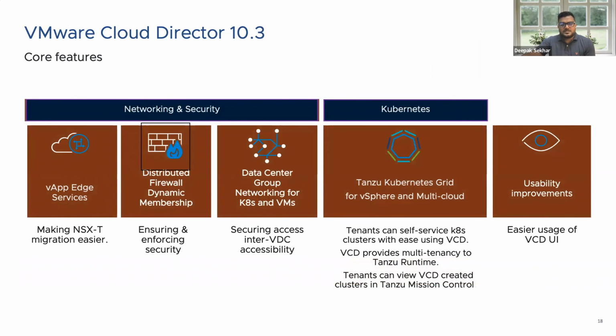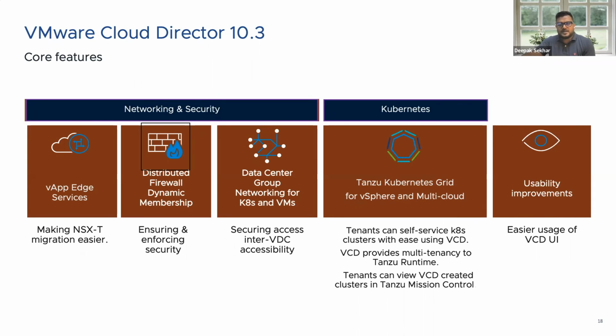In general, VMware Cloud Director covers two main themes: networking and security updates, and more Kubernetes capabilities. Within networking and security, VMware has the long-awaited VRF Edge services, completing the parity with NSX VRF capabilities.